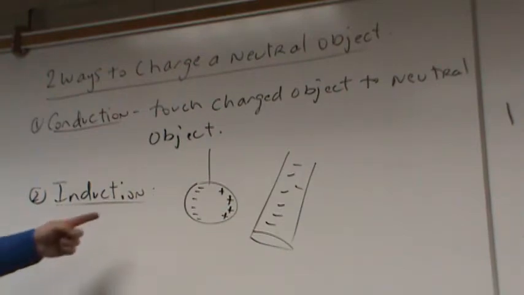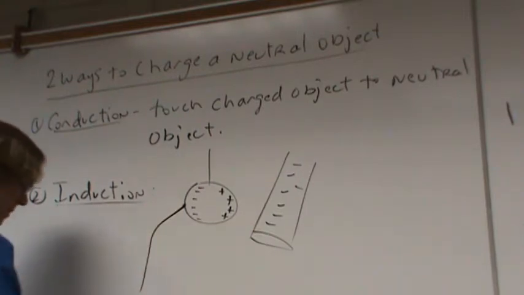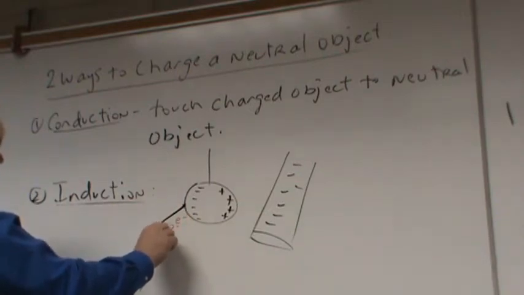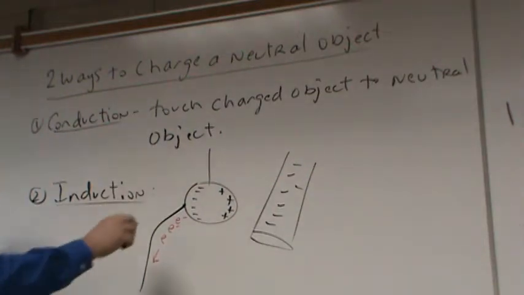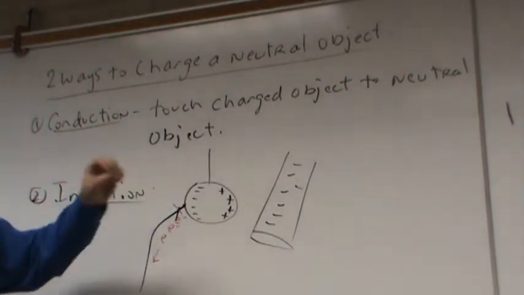And then I ground the far end of the sphere. I touch this with my finger, and I allow a pathway for the electrons to leave the sphere. So these electrons that were on the far end of the sphere leave. Then I remove the ground, and now my sphere is positively charged.